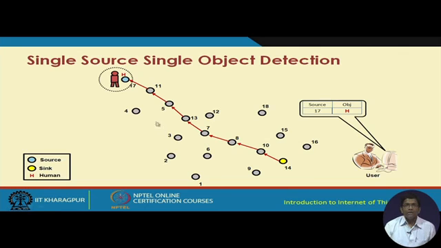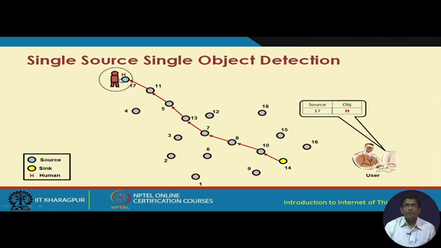As we can see in this figure, node number 17 has sensed a particular object, the human object. Now, it is going to send the data in this direction, as we have already seen. But then why is this arrow shown in the other direction?